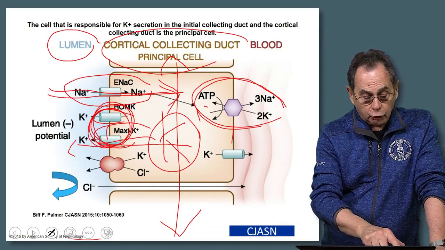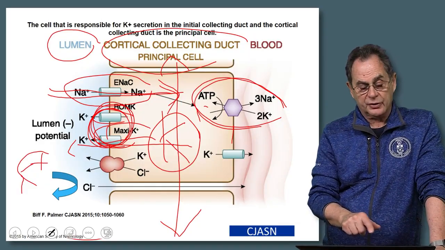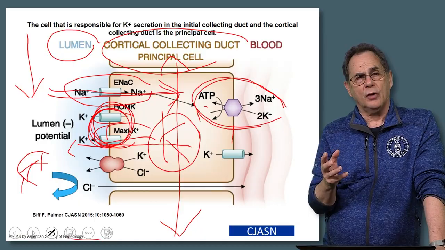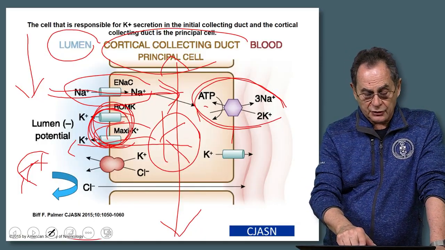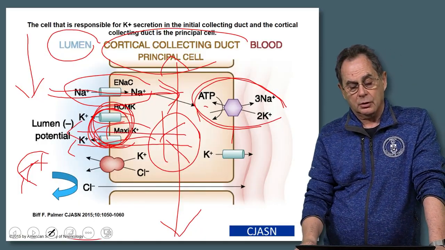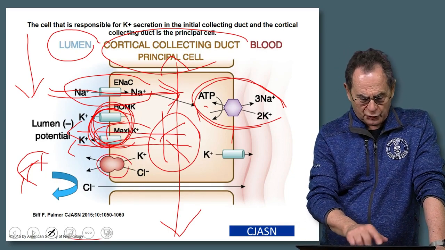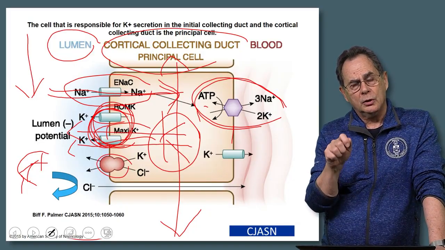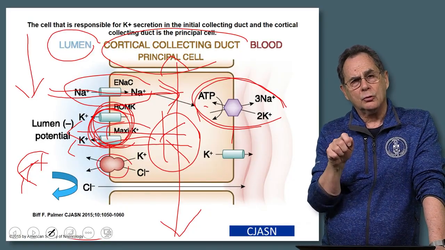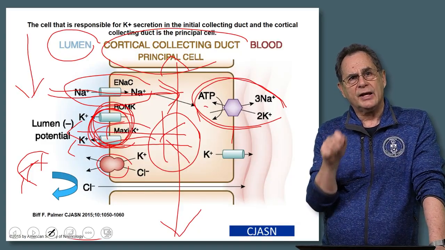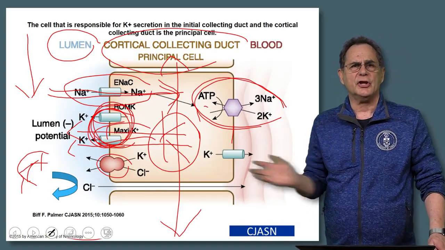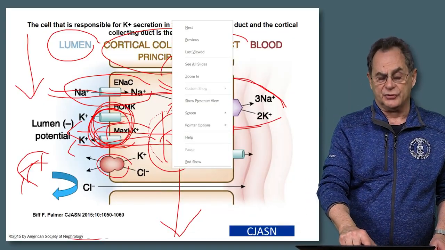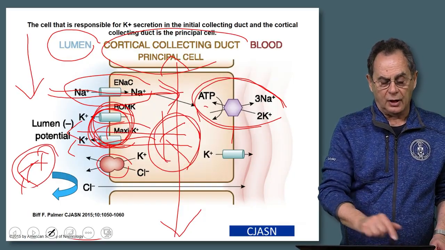The low tubular concentration of potassium, so high flow rates through the lumen of the nephron, lower the potassium concentration and enhance its ability to move outside. There are other transporters we're not going to really focus on. The key principle here is that there are integral proteins in the luminal membrane of the cortical collecting duct that facilitate the movement of potassium from a high concentration inside the cell to a low concentration outside the cell.